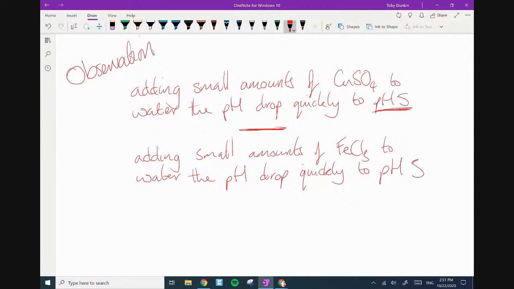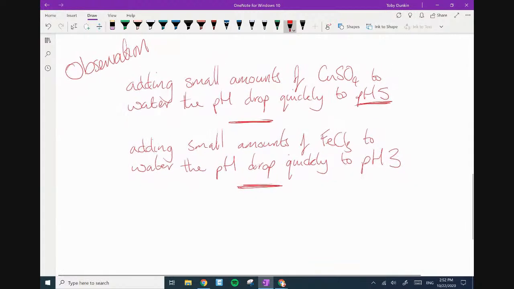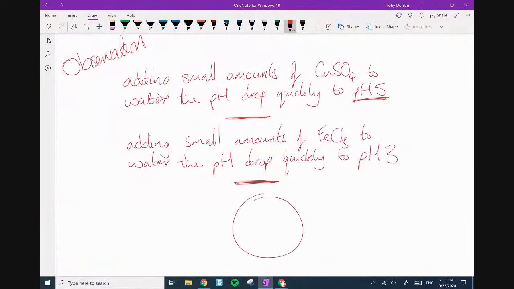Now that is very acidic. Now this was a very odd observation. They were very confused by this. They didn't really understand where the acidity was coming from.